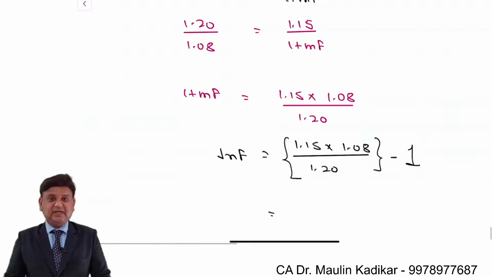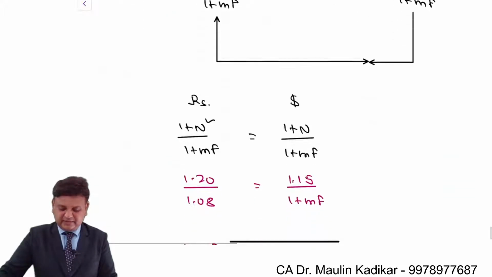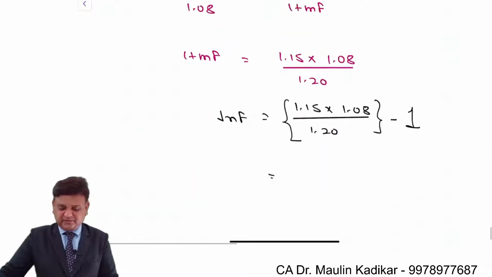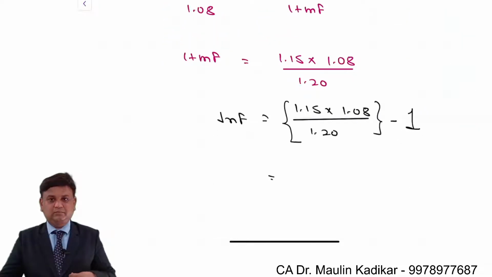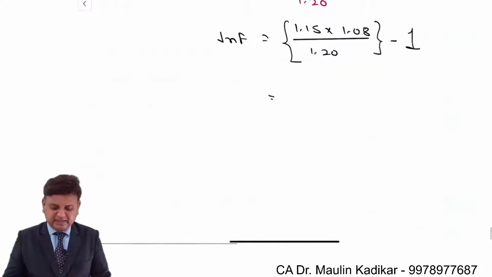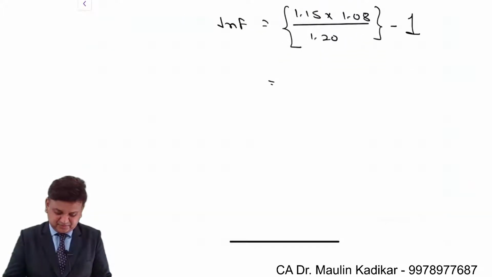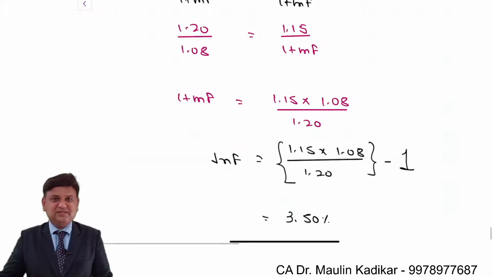And this is the way the inflation rate can be calculated. So this is the way method number 2 can be applied for calculation of the inflation rate for dollar currency. So 1.15 into 1.08 divided by 1.20 comes to 3.5 percent. Please write the answer.